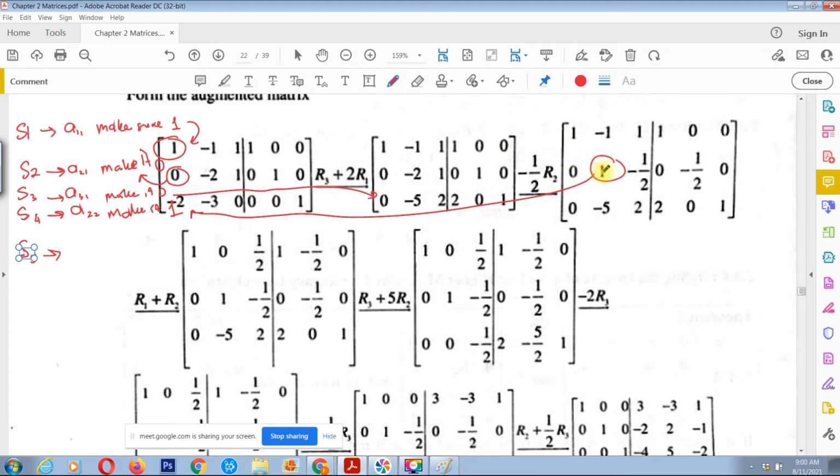After this is 1, make sure the below is 0. So make it A32. That is not A32, that is A22 plus 2.